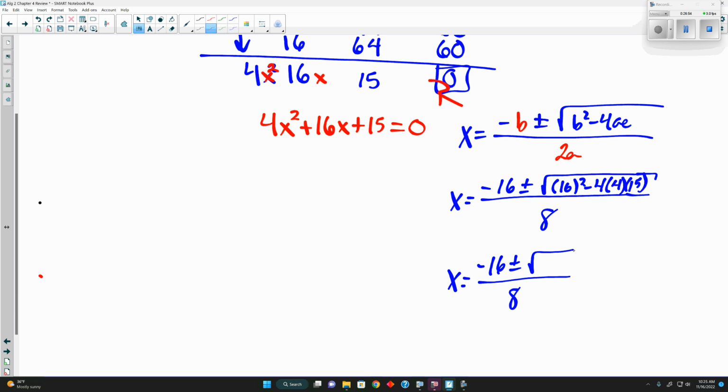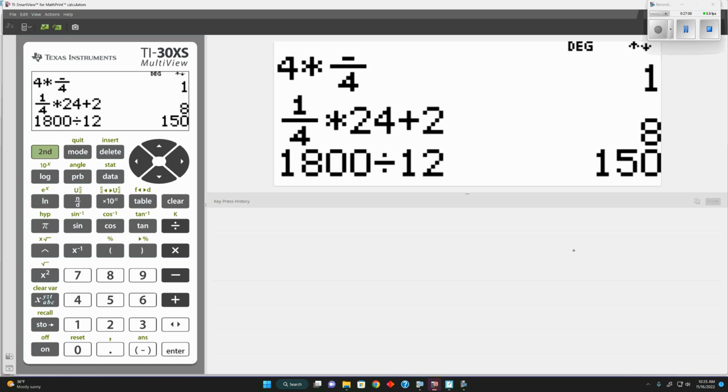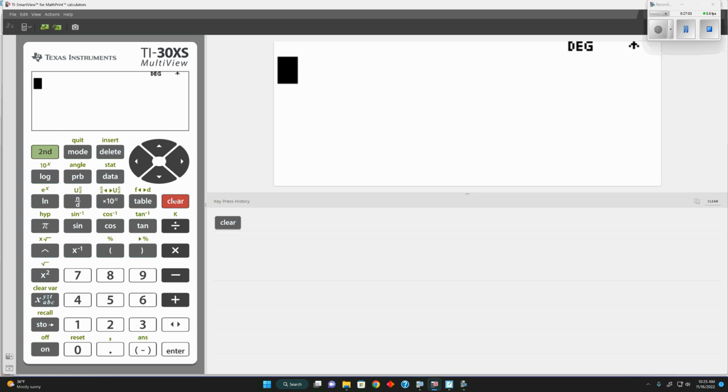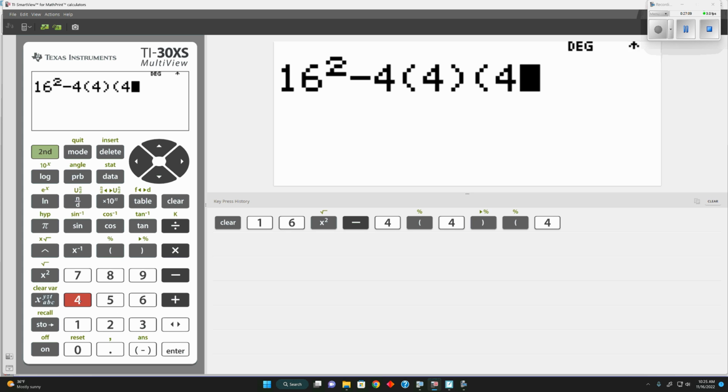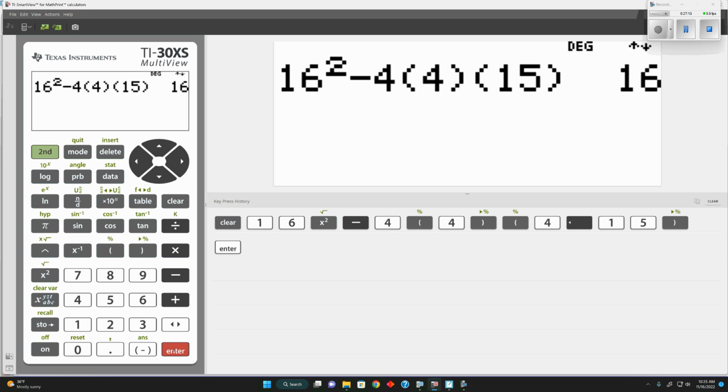So inside the square root, we have 16 squared minus 4 times 4 times 15. So in the calculator, we can say 16 squared minus 4 times 4 times 15, yes? Which gives us 16.